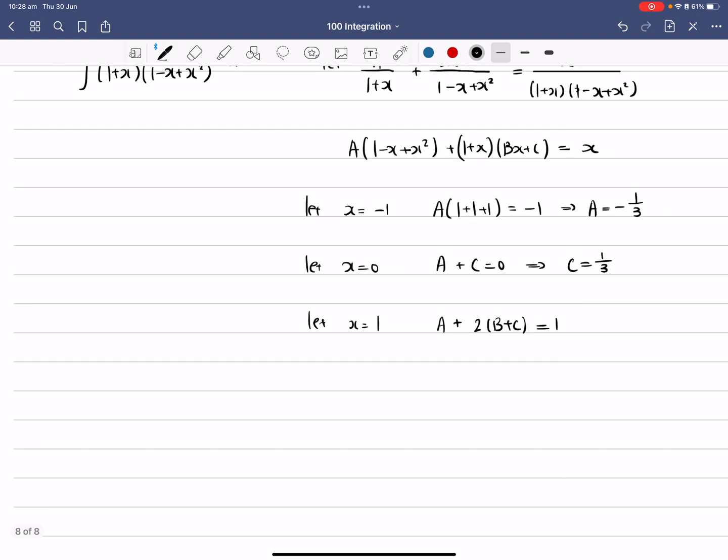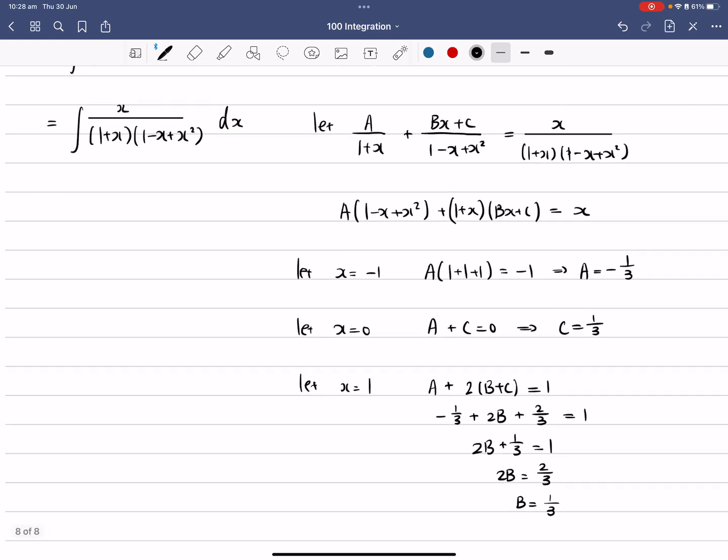Substituting the numbers back in, we know a is equal to -1/3, c is 1/3 but times by 2 gives you 2 over 3, and that equals 1. If we simplify, 2b plus 1 over 3 is equal to 1, 2b is equal to 2 over 3, so b is 1/3 again.